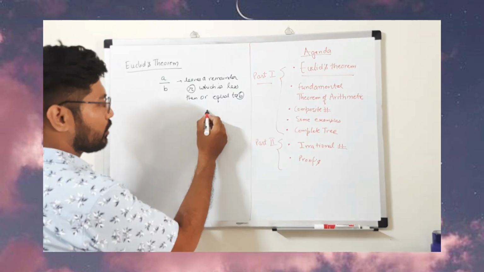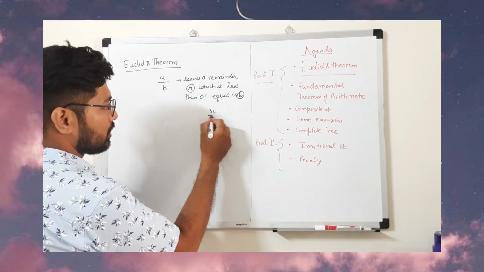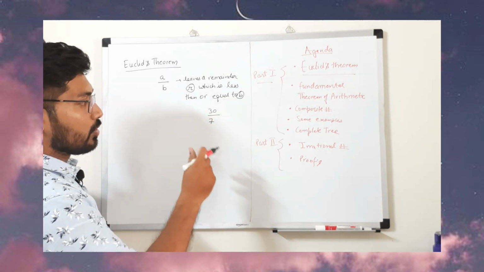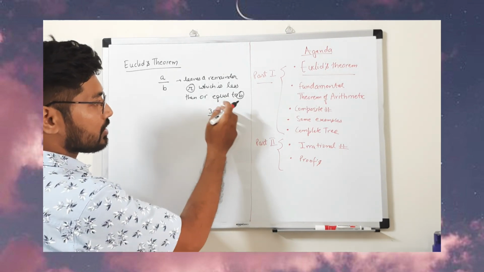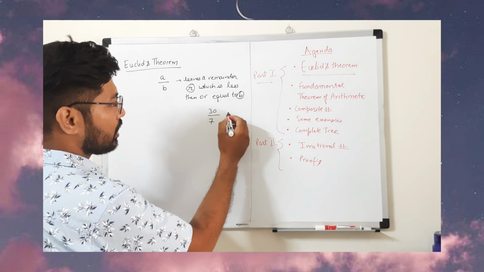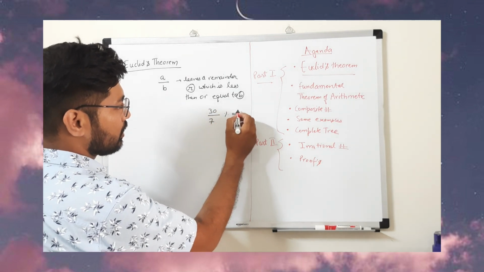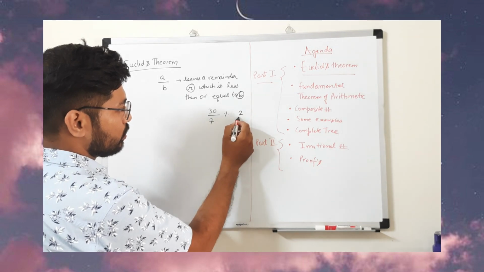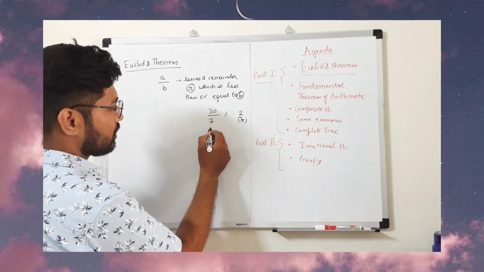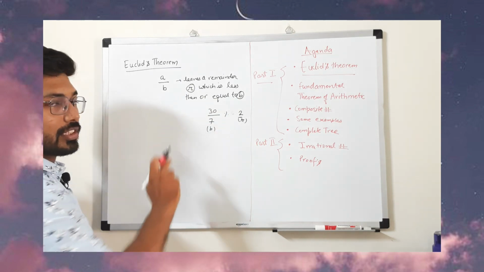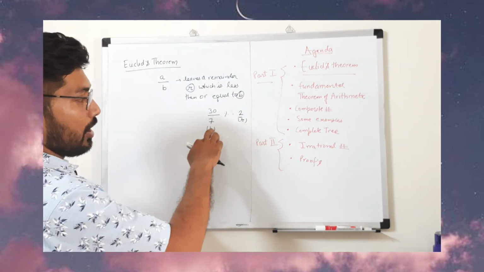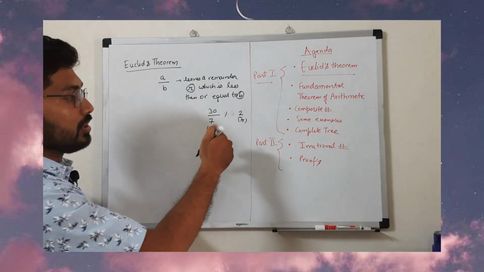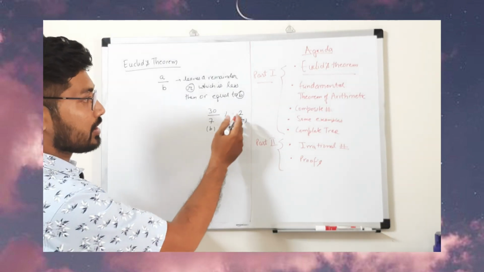For example, if you divide 30 by 7, how are you going to divide? 7 4s are 28 and the remainder will be 2. So this 2 is r and this is b. This 2 is always less than b; it can't be equal, it is always less than b.